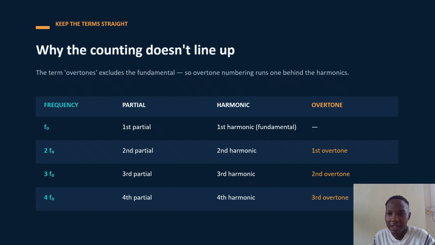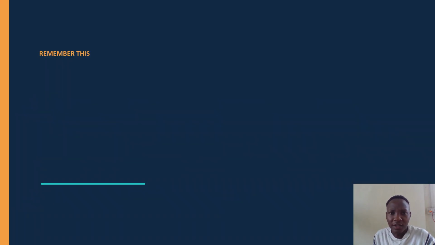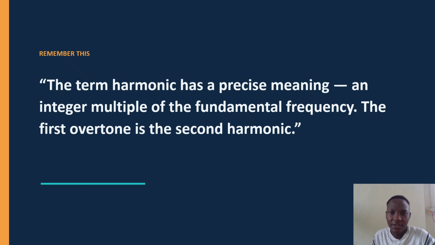The overtone numbering lands behind the harmonic. I hope that's clear enough. If you take one thing away, take this: the word harmonic has a precise meaning, an integer multiple of a fundamental frequency. So the first overtone is the second harmonic.